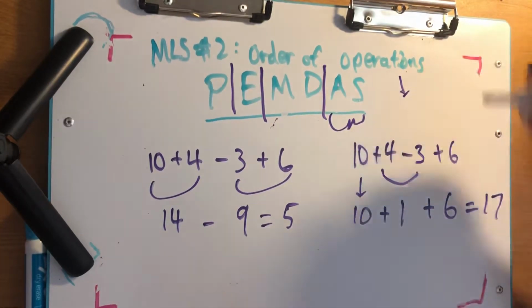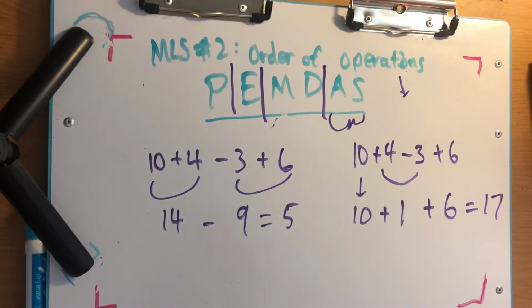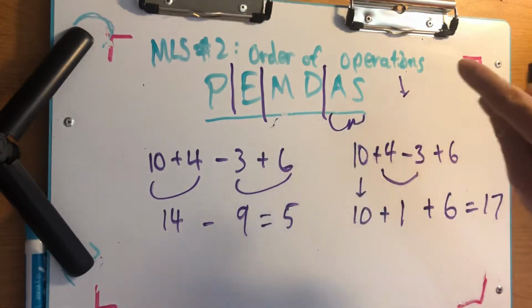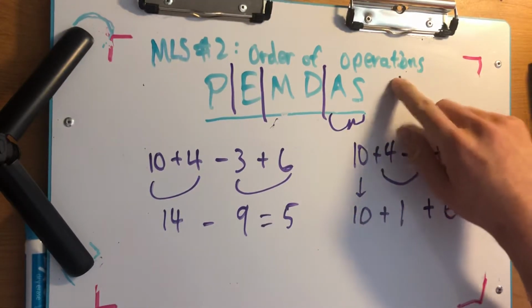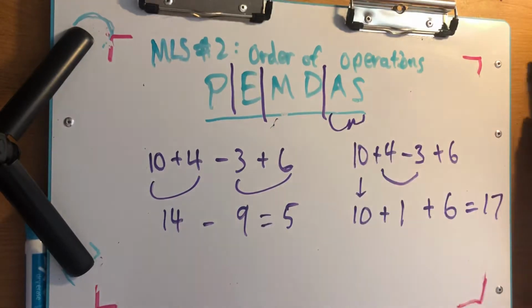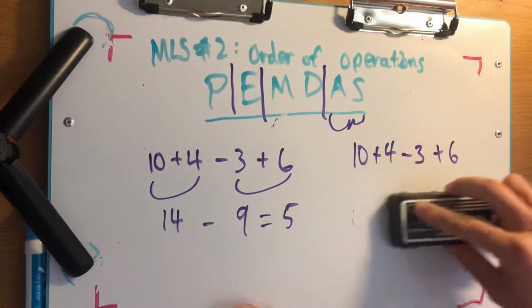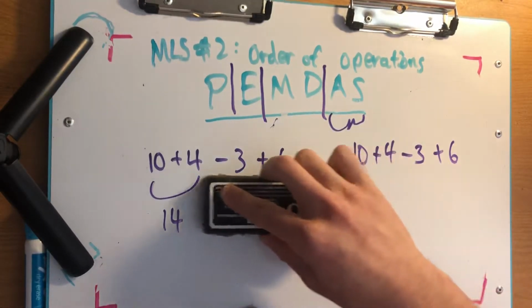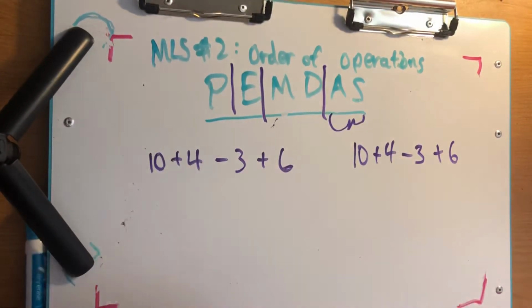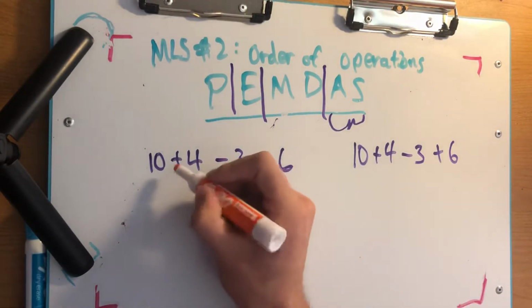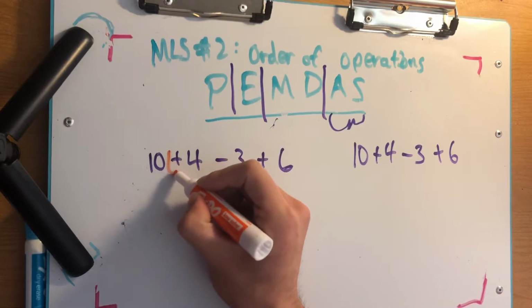Operations, remember we talked about that vocab in the previous lesson? Operations means an action. And these actions are actually attached to numbers. So I'm going to erase the work that I have so far, and I'm going to use a different color to show where these actions actually are. Our actions are right here.